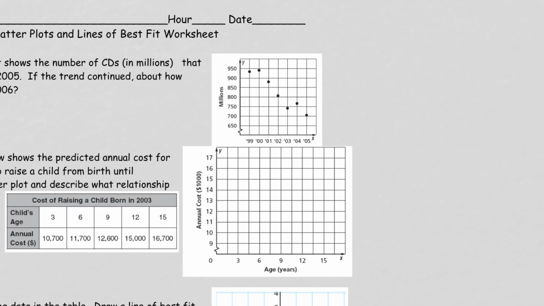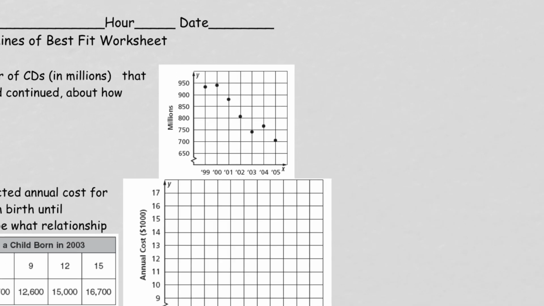So I'm going to draw a line here as best I can. And I want this line to be a good representation of these points. So I'm not going to draw my line to look like this. That wouldn't be good.